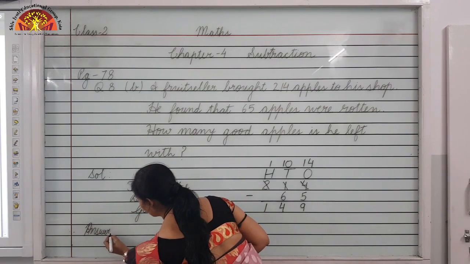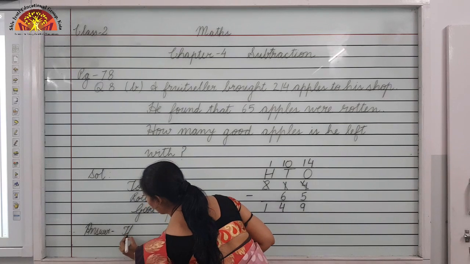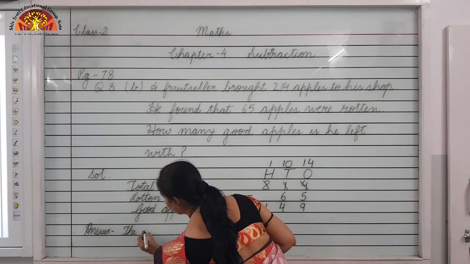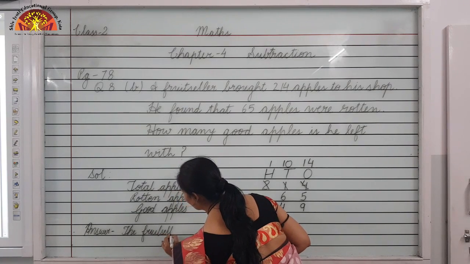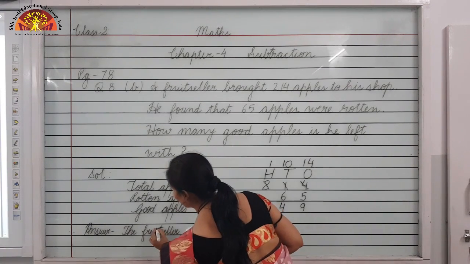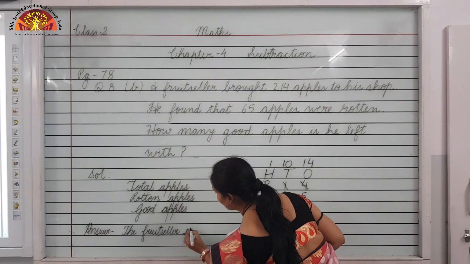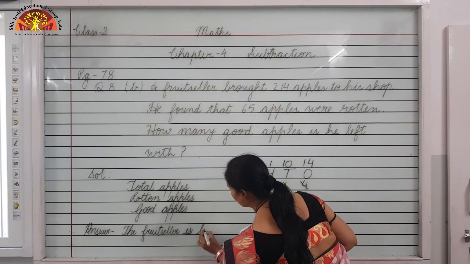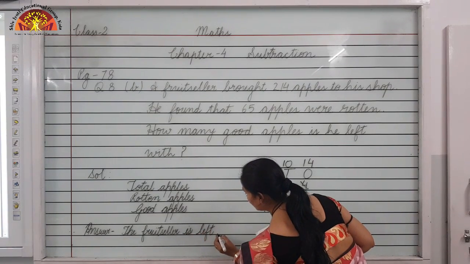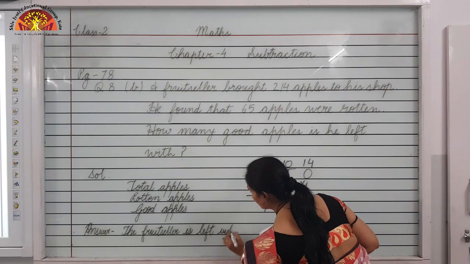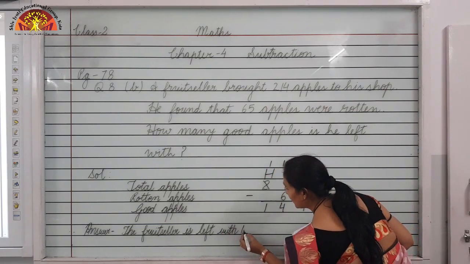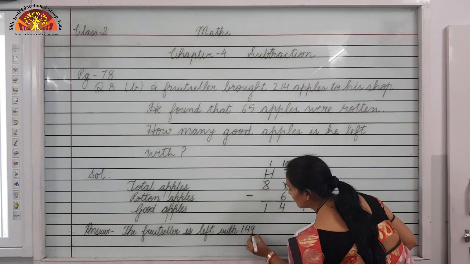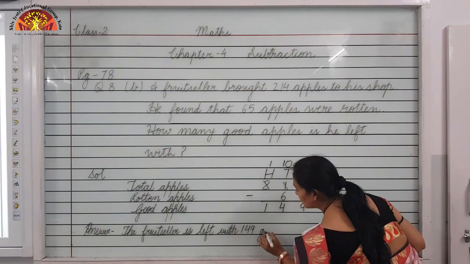The fruit seller is left with 149 good apples.